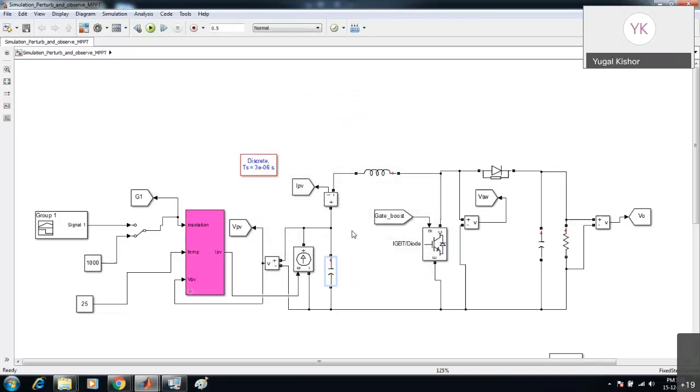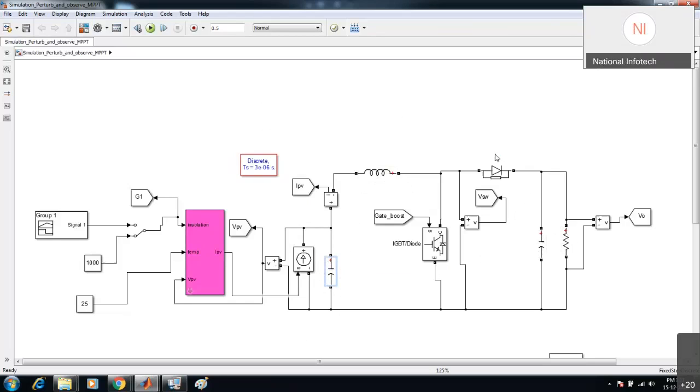Okay. So if you want, I can also provide you the data sheet. In the data sheet of the PV panel, or in the data sheet of the boost converter, is it given? No, the data sheet of the boost converter I will provide you, so that you can see how to design the boost converter and how to select this capacitor, this inductor, this capacitor.